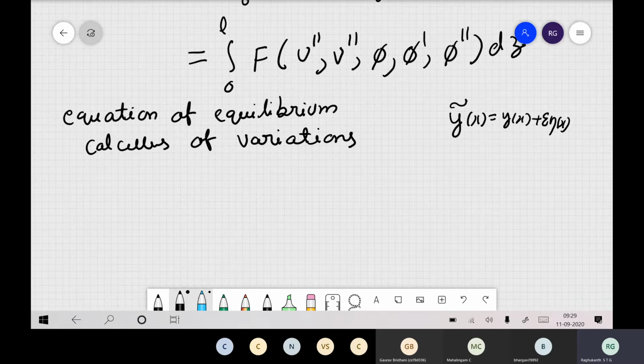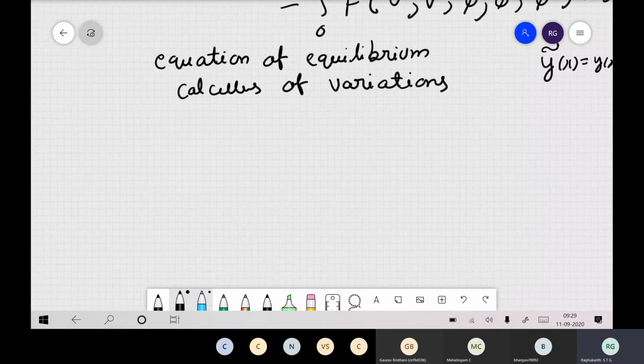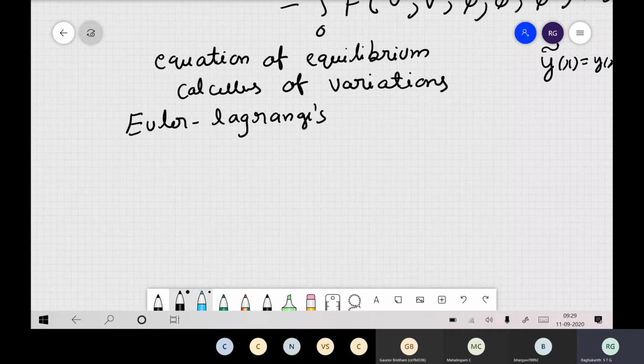But now here there are many variables. You have u, then v, then phi. So in calculus of variations, if you expand all three and do all those details, as previously told, you will get the Euler Lagrange equations. It's very easy, straightforward. You can see in any variational calculus textbooks.